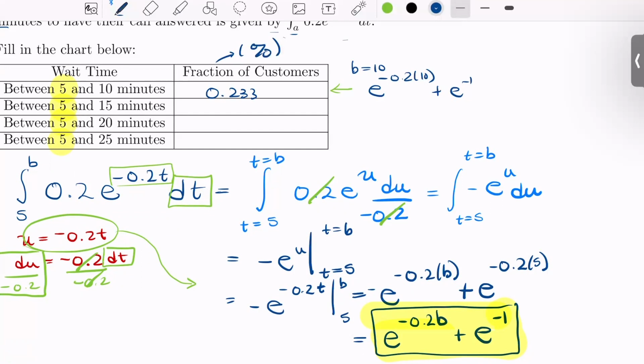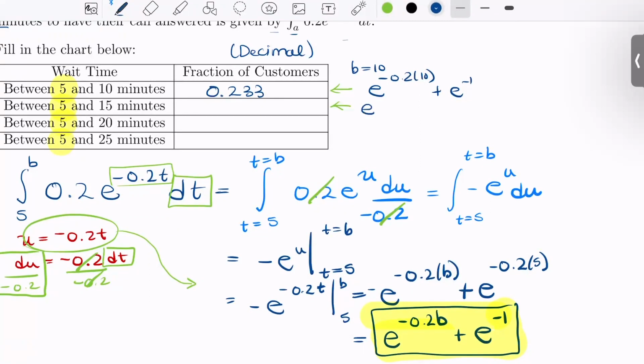It's the part of the whole that is waiting between those two times. A decimal is a fraction if we write it in the correct form, but we can also write fractions as decimals like this.